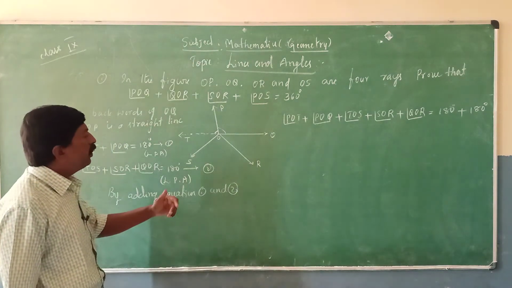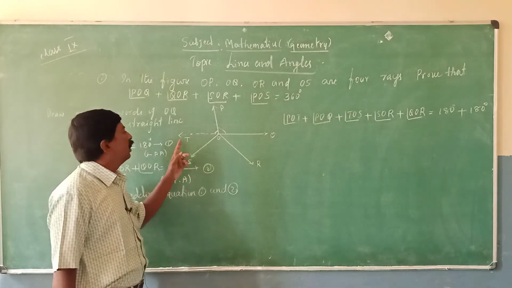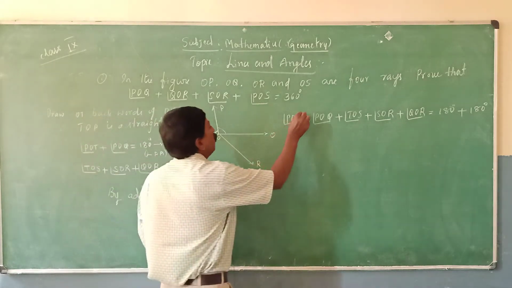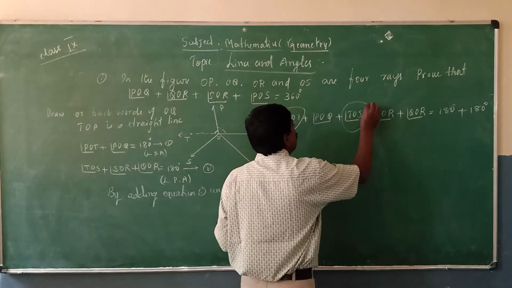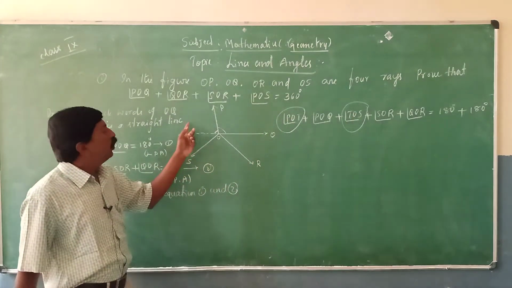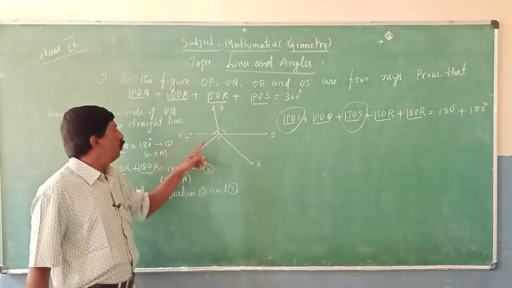Now observe here from the figure, POT plus TOS is how much? That is the adjacent angles of POS.